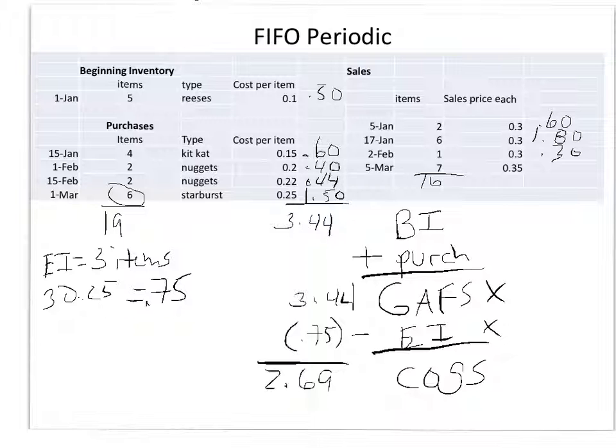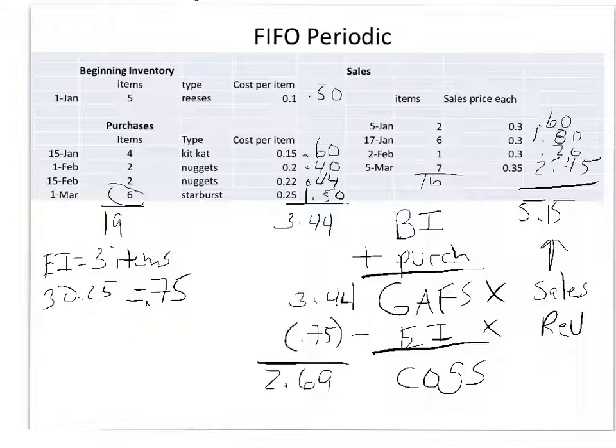And then 7 times 35 cents is $2.45. Okay, when you add all those things up, you get $5.15 of sales revenue. Okay, so that is FIFO periodic.